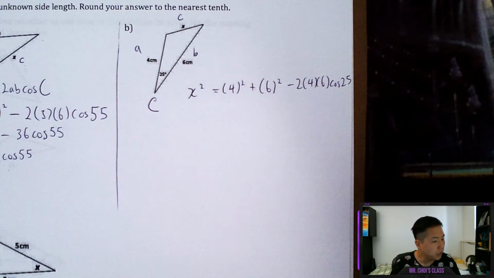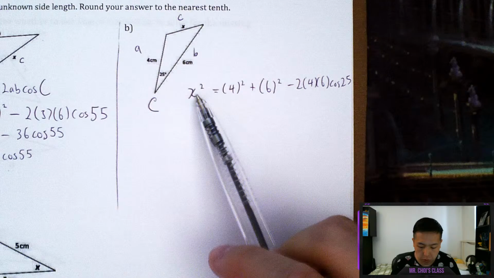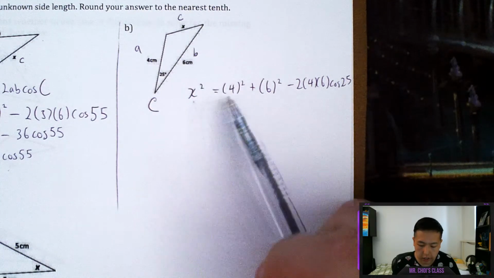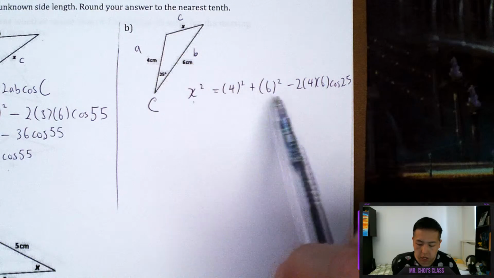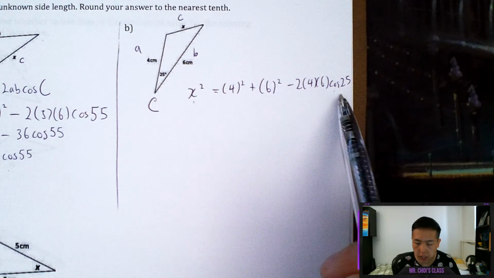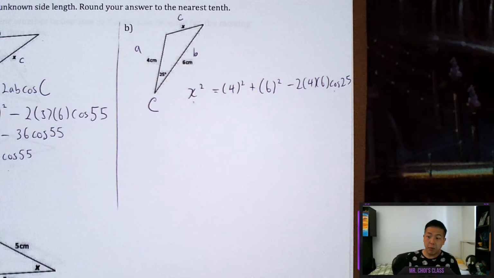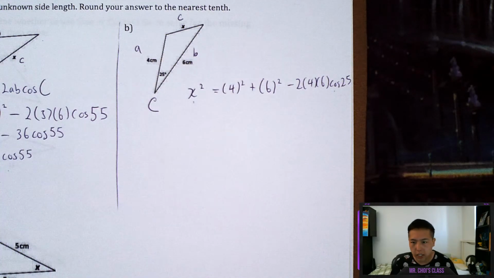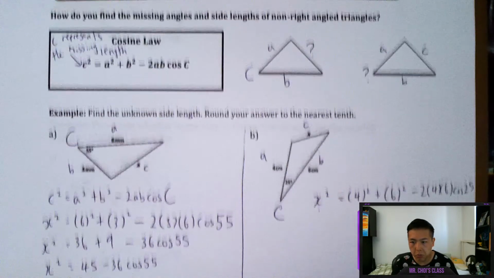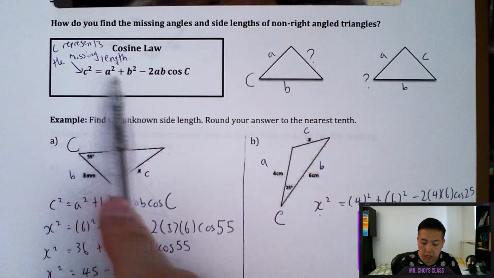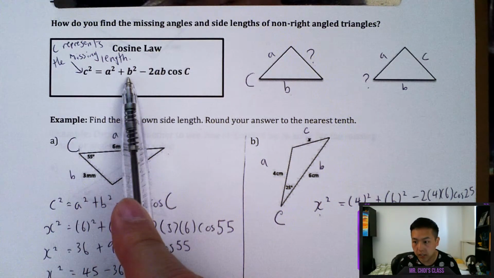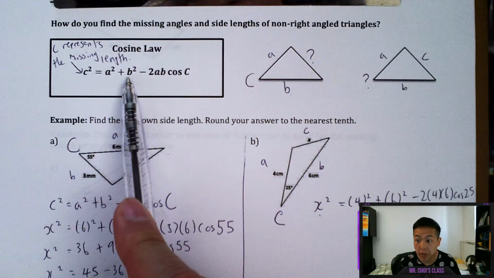Okay. So once again, c squared, which is x, a squared, which is 4, b squared, which is 6, minus 2ab cosine 25. Now a lot of people have some trouble memorizing the cosine law. The simpler way of memorizing it is c squared equals a squared plus b squared, which is the Pythagorean theorem.